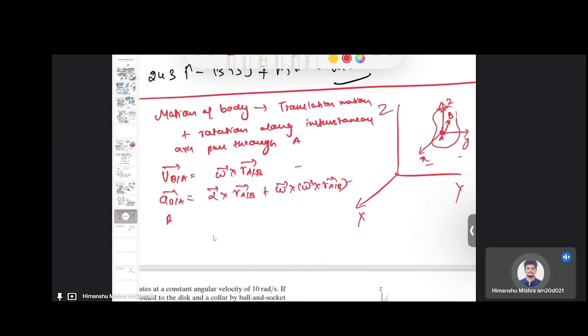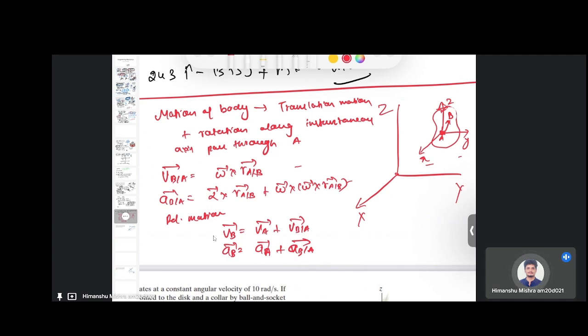Then the relative motion can be given as VB equals VA plus VBA, and AB equals AA plus A of B with respect to A.